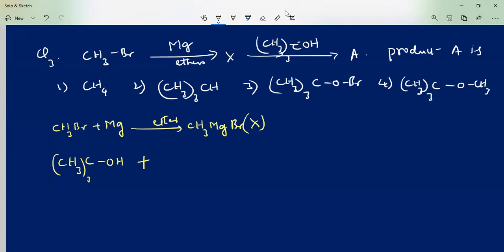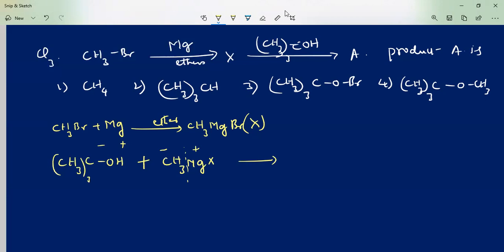The Grignard reagent splits into CH3 minus and Mg plus, while the tertiary butyl alcohol splits into alkoxide and H plus.